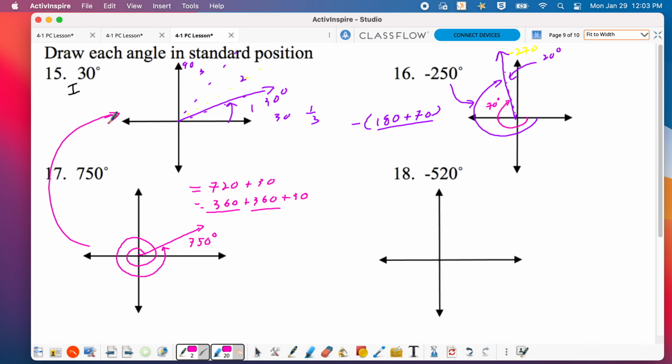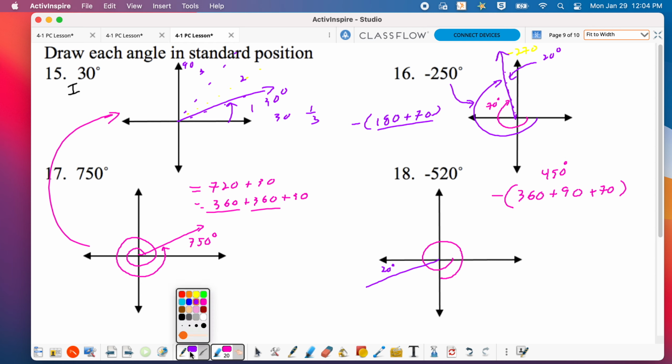All right, negative 520, give it a try. So if I go down 360 and another 90, that's 450 degrees, which leaves another 70 degrees that I need to go, which is going to be 20 degrees short of another 90 degrees, which puts me about here.